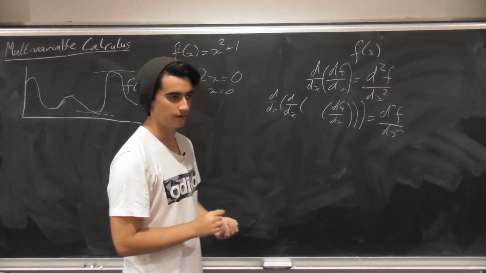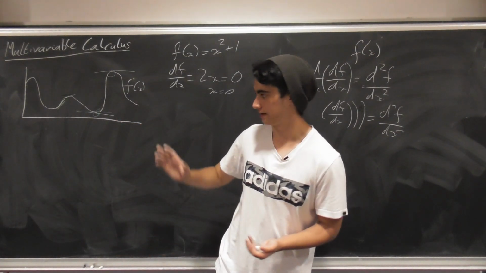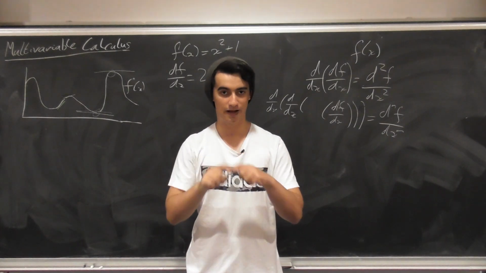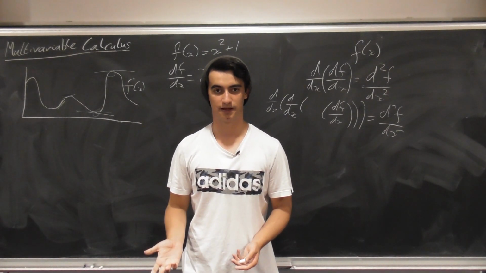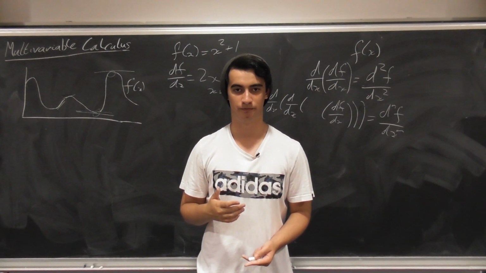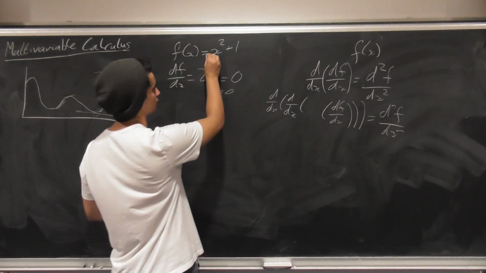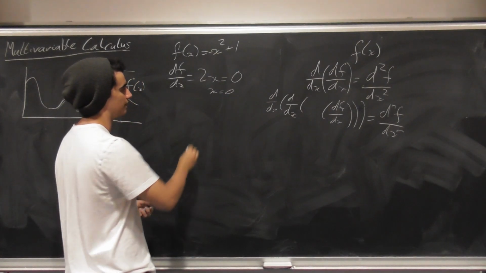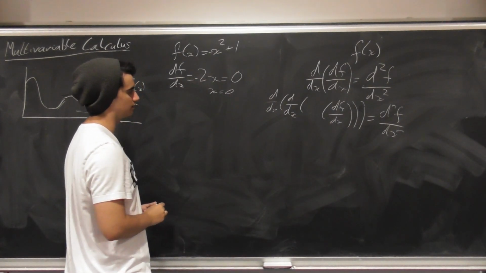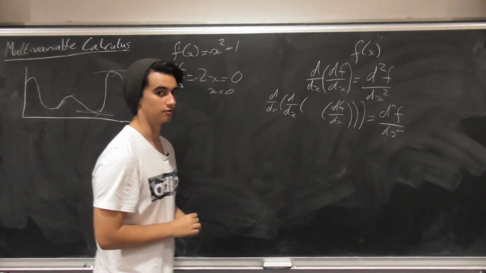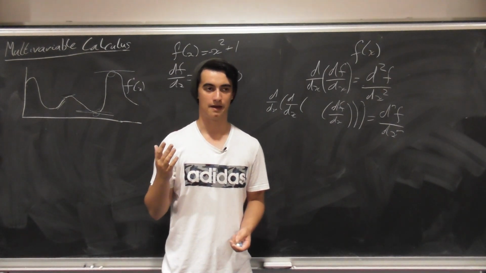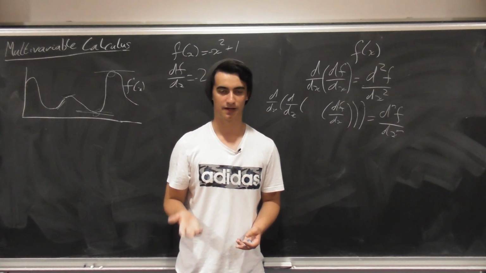So we know that we have a maximum or a minimum at x equals 0. Now, if you look at the graph, you'll see that that's a minimum point. But if you were to make this into a minus x squared, then the derivative would be minus 2x, but x would still be equal to 0. But in this case, it would be a maximum.